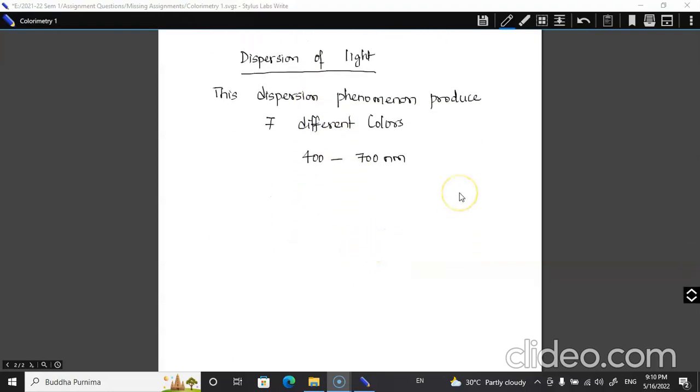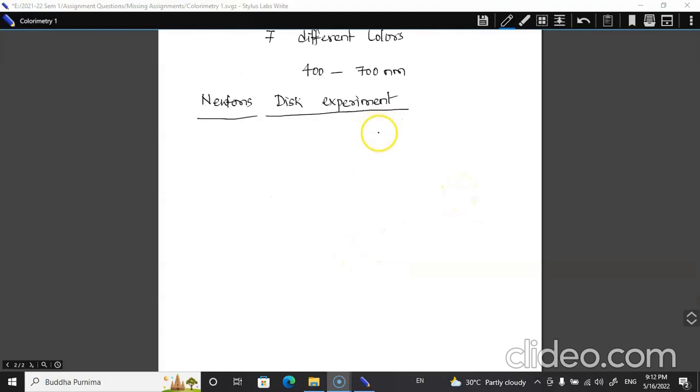And next is the disk experiment, wherein a round cardboard is taken and divided into different regions, just like this: V, I, B, G, Y, O, R. So this is divided into the 7 component regions.